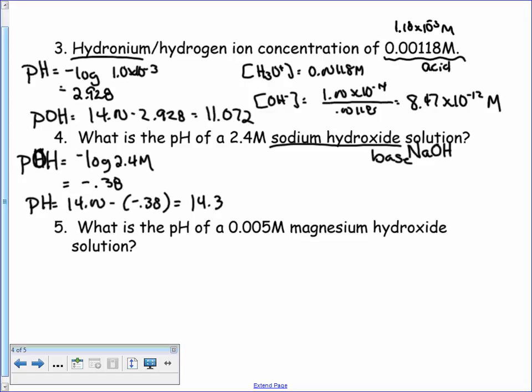So that brings up the question, is it okay to have a pH that is greater than 14 or less than 0? And as a matter of fact, it is. Many, many things have pHs that are less than 0 or greater than 14, especially if it's an extremely concentrated solution. There's lots of stuff dissolved in there on a strong acid.